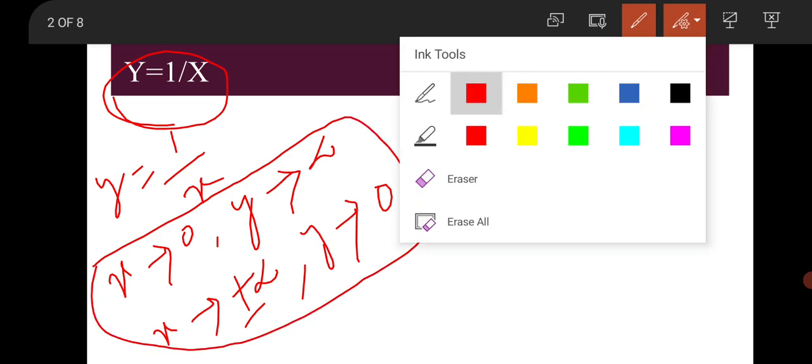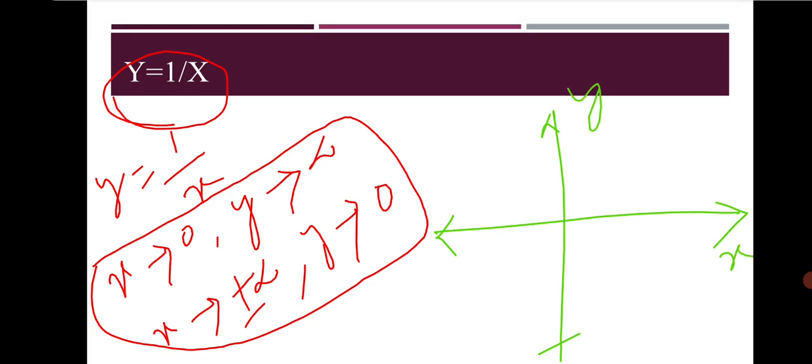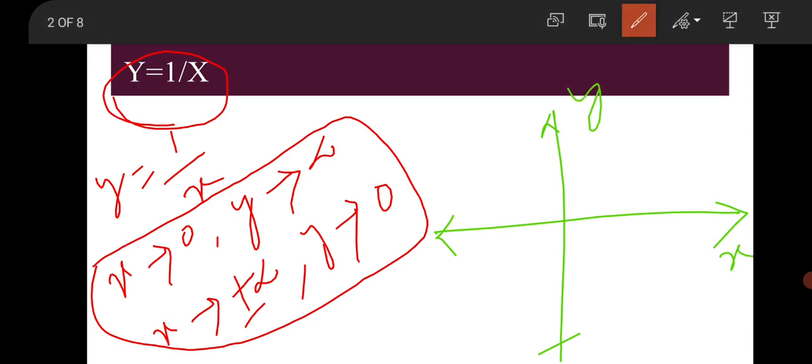The exact graph for this function would be like this. This is our x axis, this is our y axis, and the graph will be like this.